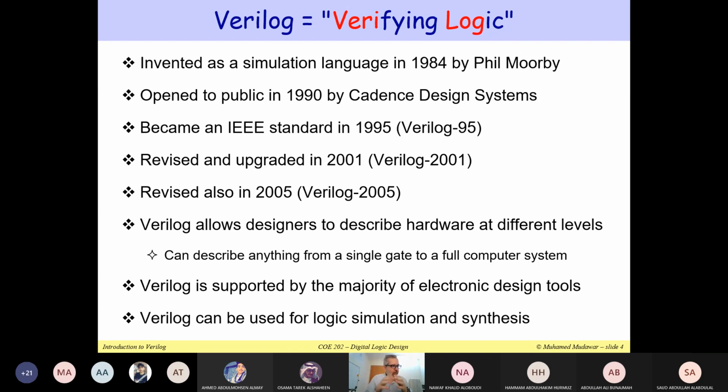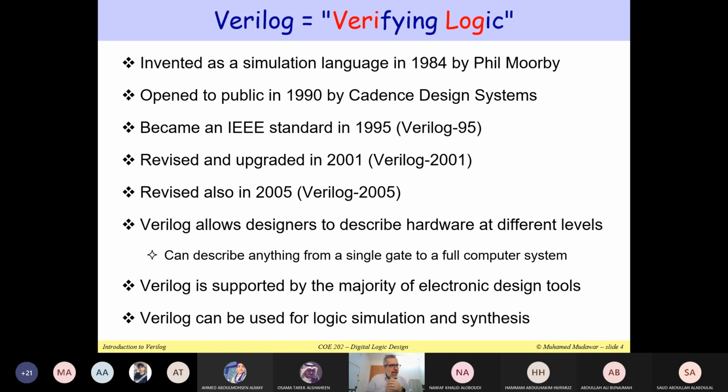For a small circuit, you can apply certain inputs, see the outputs, write the logic expression, and check that the circuit is providing the correct output for each input. However, when you are dealing with complex circuits, it becomes really difficult to verify this by hand. For this reason, there was a need for a language that can verify the logic. This is why they invented Verilog.